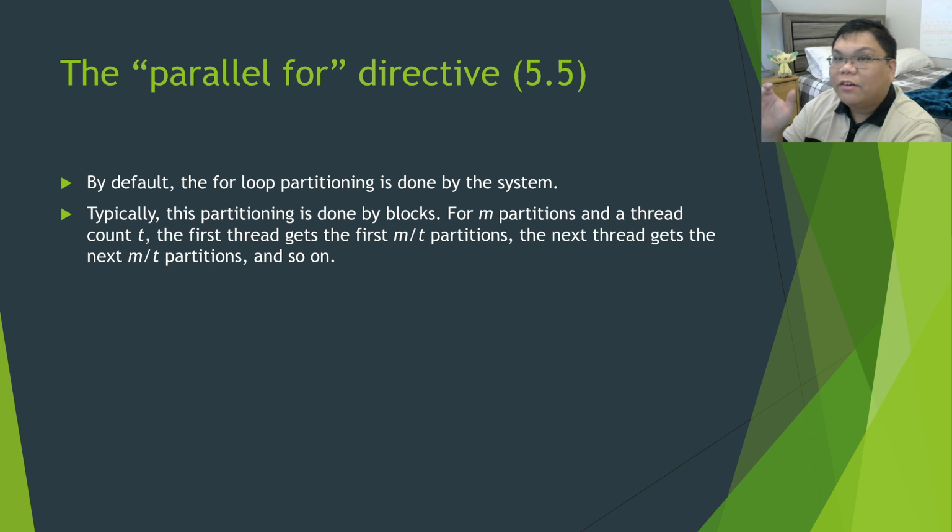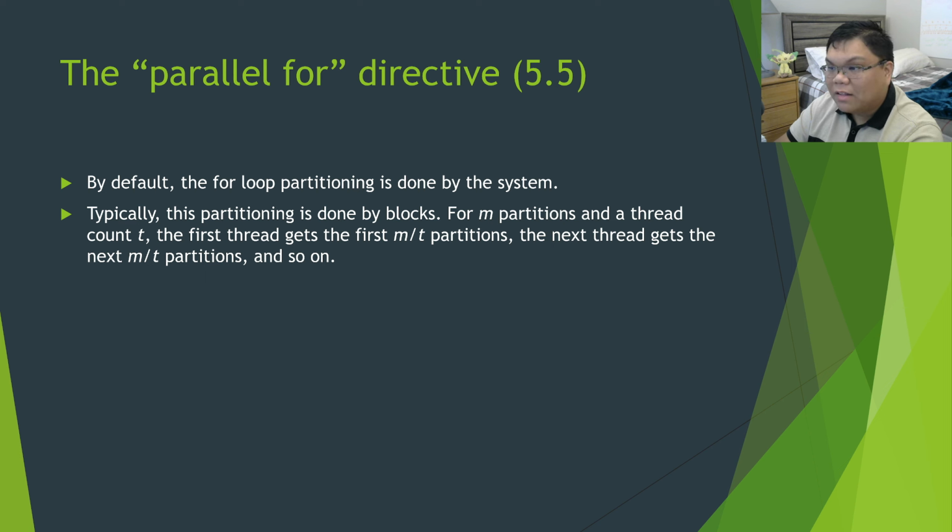Thread 1 gets iterations 25 to 49. Thread 2 gets iterations 50 to 74. Thread 3 gets the last 25 loop iterations, numbered 75 to 99.